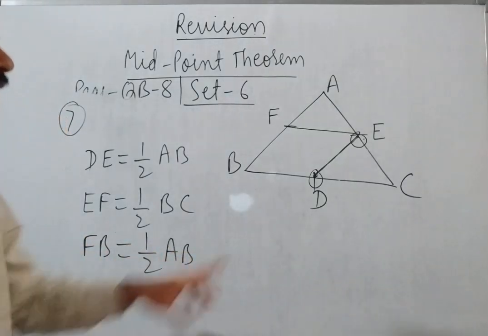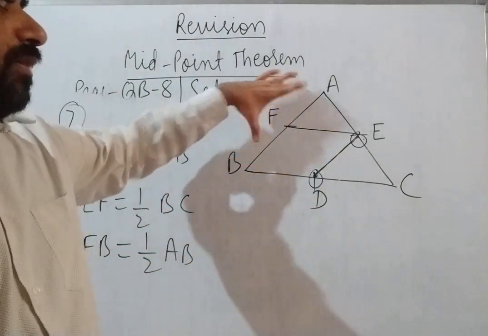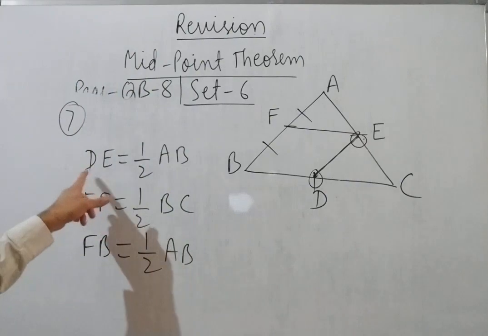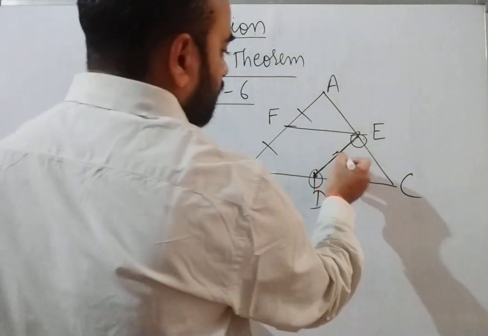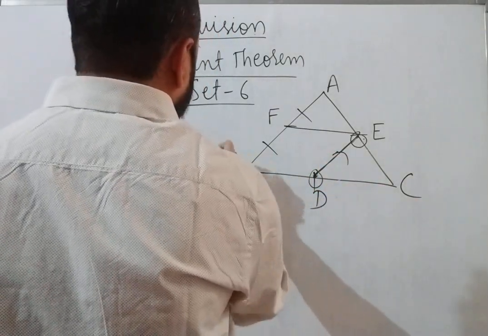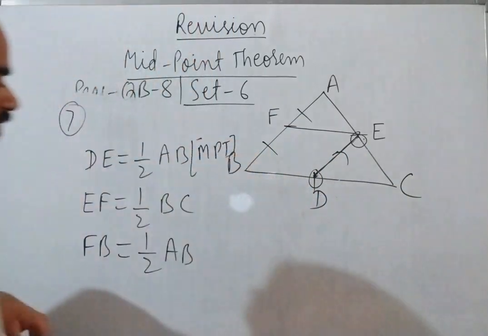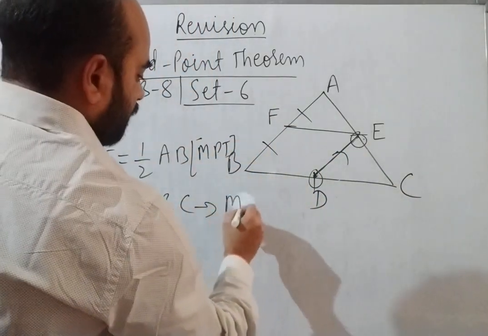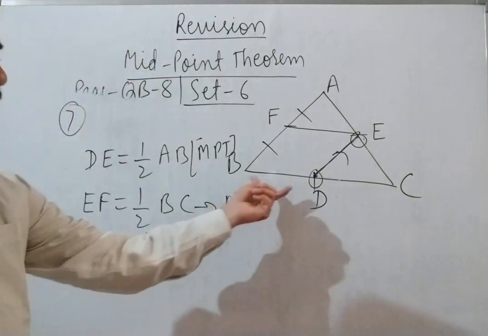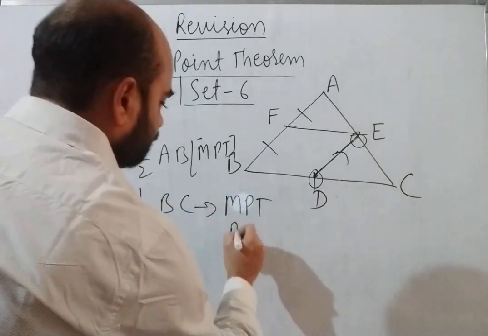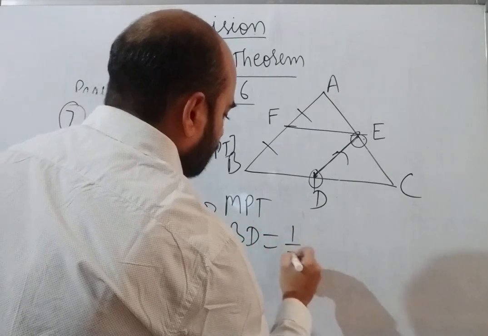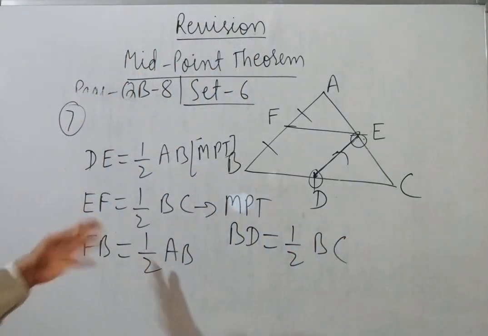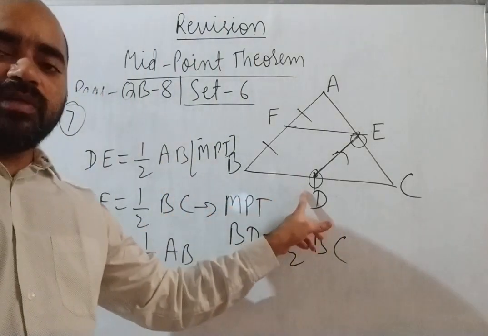Why? F is midpoint of AB. It means these two parts are equal. It means FB is half of AB. DE is half of AB. Why? Using midpoint theorem. Next, EF is equal to half of BC, again using midpoint theorem. Next is BD. BD is also half of BC. Correct? Clear? So why? D is midpoint of BC.